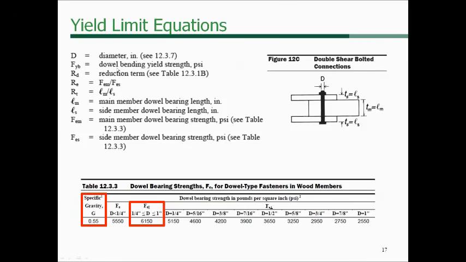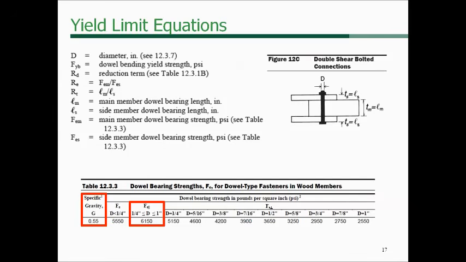F sub YB is the dowel bending strength. We'll talk about how you can determine those capacities. A lot of them are represented in the footnotes. R sub D is the reduction term. There's a table that shows the reduction terms. We sort of hesitate to call those safety factors because there's a lot more to it than just a pure safety factor, but many of those reduction terms are going to range anywhere from 2 to 8 for different types of dowel type fasteners.